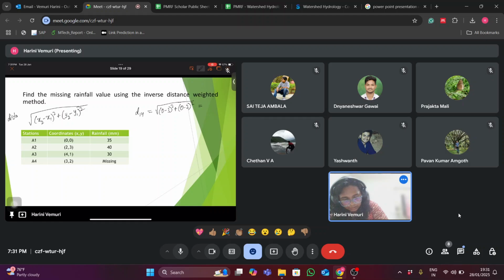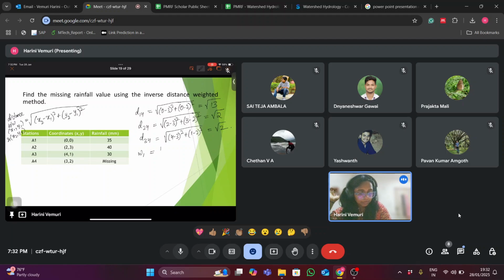Okay. So now I have these values. Now I'll calculate the weights, where weight is defined as the inverse square of distance, right?